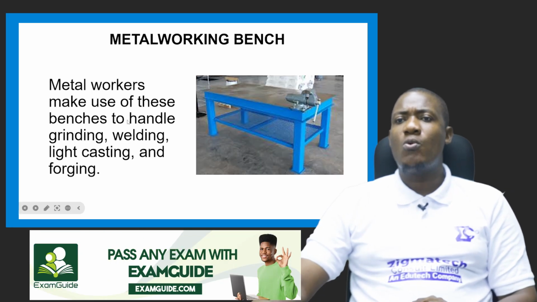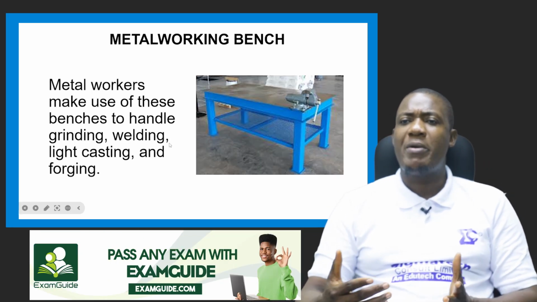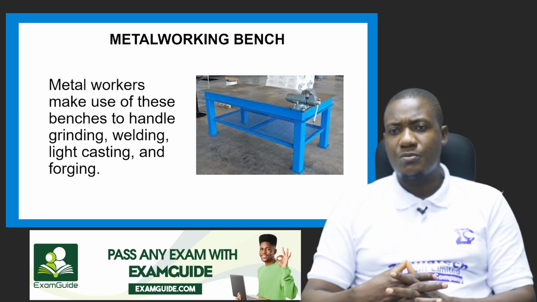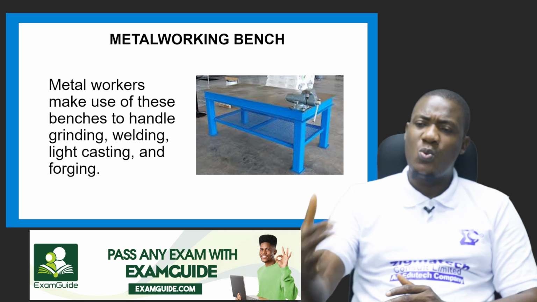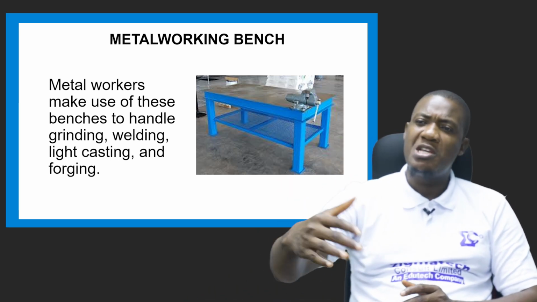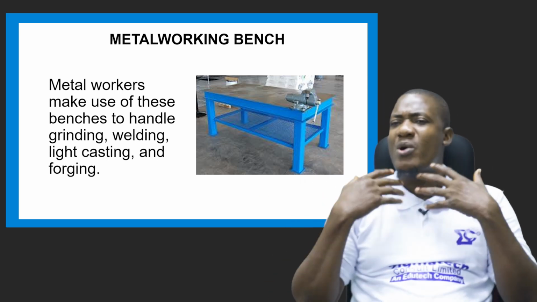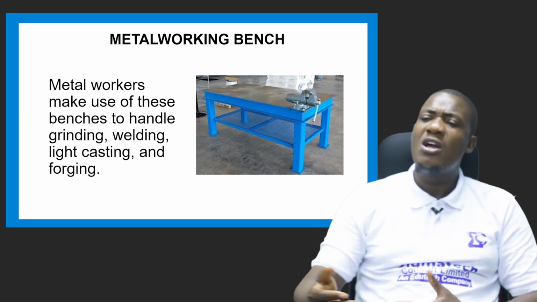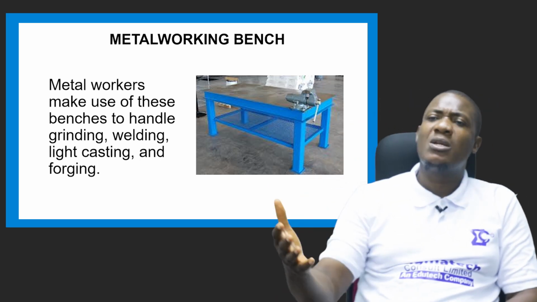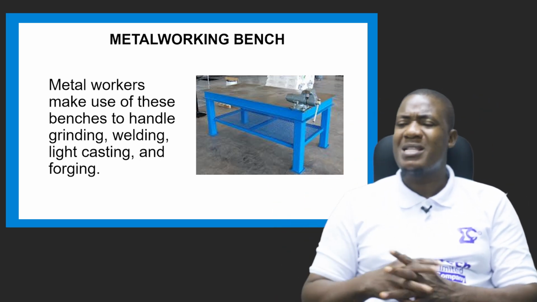Okay. Now we also have another type of workbench that we call the metal workbench. Now every metal fabrication is done on this bench, be it grinding, be it welding, be it casting, be it forging, it is done on the metal workbench. Of course, it's metallic.